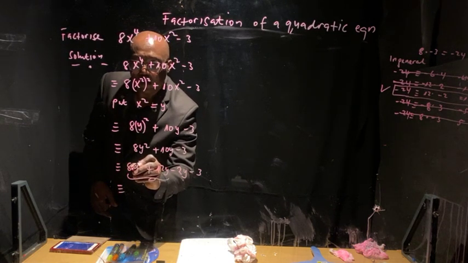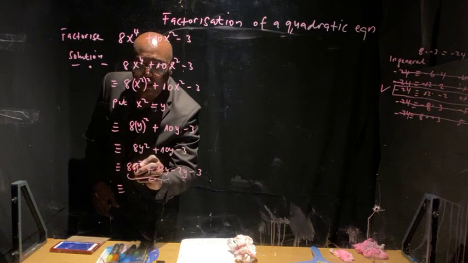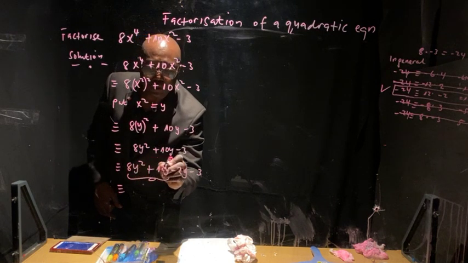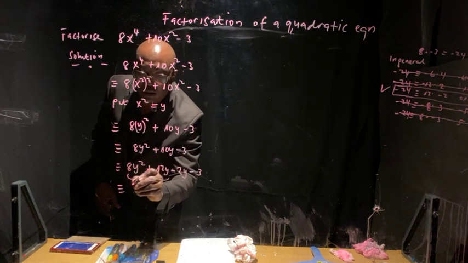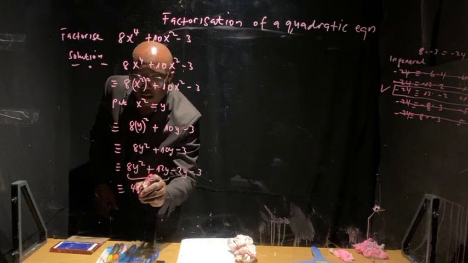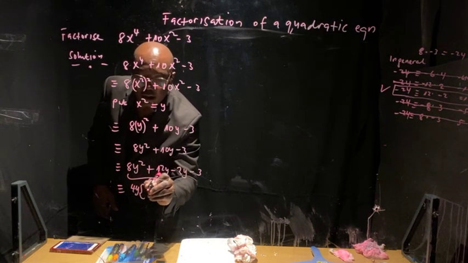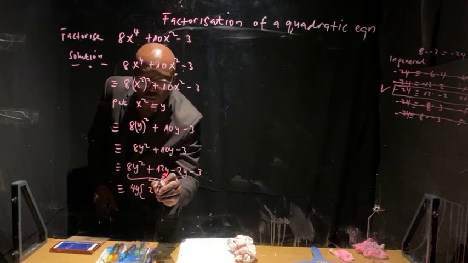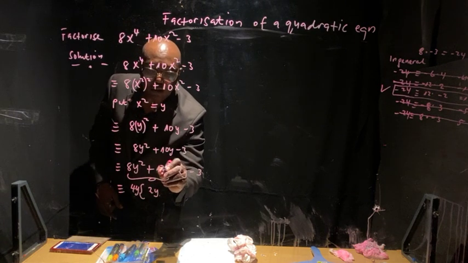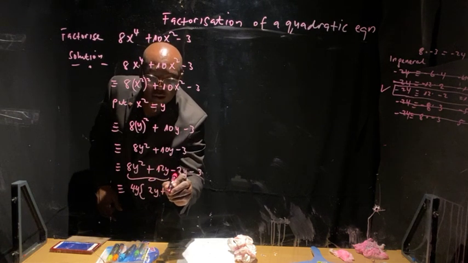I can see that 4y is a factor here and it is also here. So I'll factorize 4y outside, and then I have 2y plus 3.